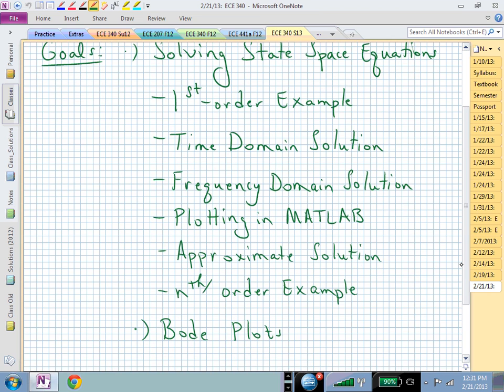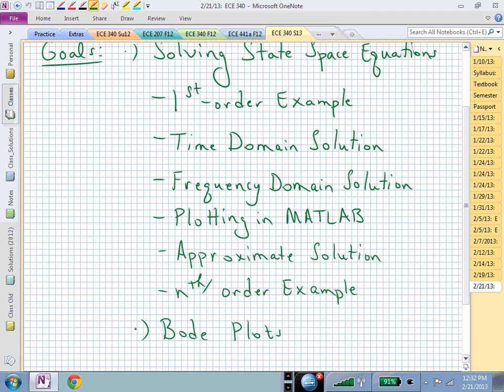We'll then talk about approximating the solution, and that will lead us into hopefully seeing how that makes the connection with an nth order, meaning if you now understand the first order, the process is the same. It's just you have to preserve matrix multiplication. If you now had a 10th order system, you could do it mechanically the same way that we've just done the first order system. That's the idea.